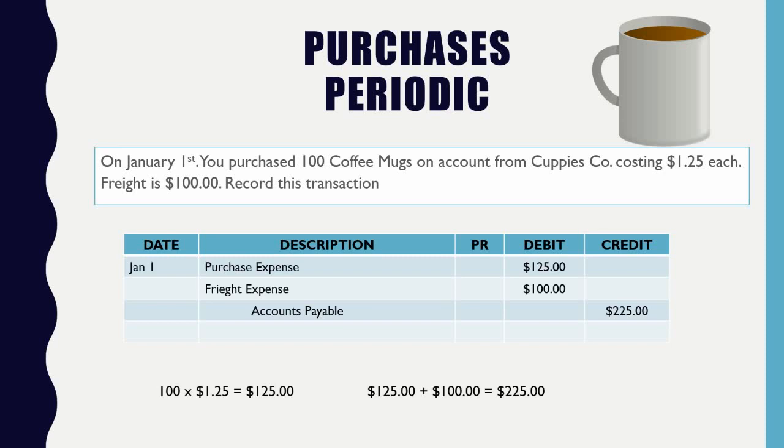So exactly like we talked about in the previous chapter, we're going to recognize the key things here. First, purchase expense, right? We know that we bought 100 mugs at $1.25. Therefore, my total purchase price is $125. Plus the freight is a separate cost, right here, $100. And now we're going to owe them because we placed it on account for $225.